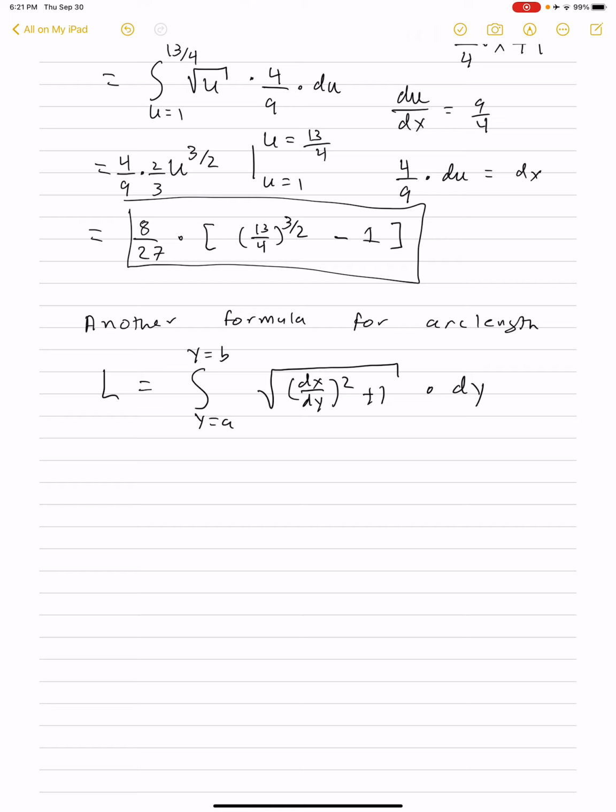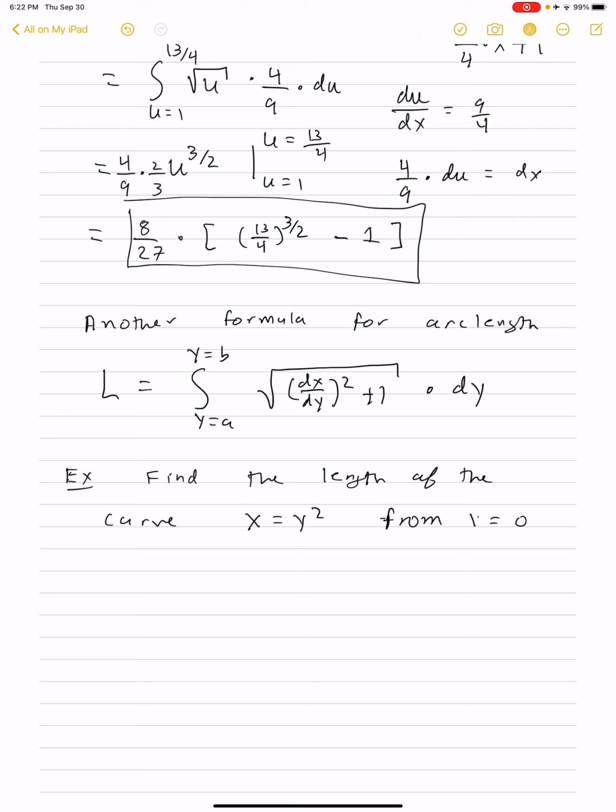Let me just give you a little example of this. Our goal is to find the length of the curve x equals y squared, and excuse me, I got into my old habits.